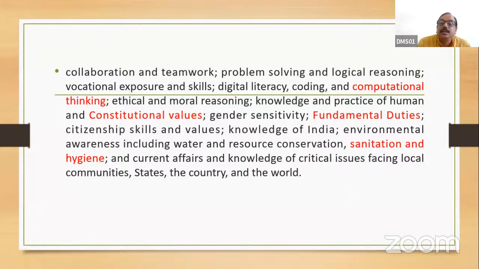And they also talk about other skills that students should learn: collaborative work and teamwork, problem solving, logical reasoning, vocational exposure and skills, digital literacy, coding and computational thinking, ethical and moral reasoning, knowledge and practice of human and constitutional values, gender sensitivity, fundamental duties, citizenship skills and values, knowledge of India, environmental awareness including water and resource conservation, sanitation and hygiene, current affairs, and knowledge of critical issues facing local communities, states, the country, and the world.